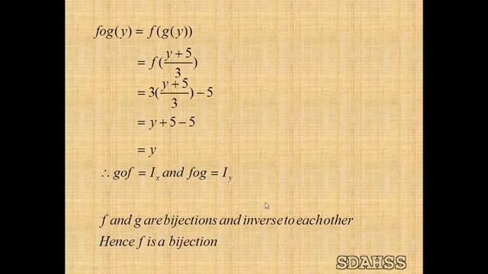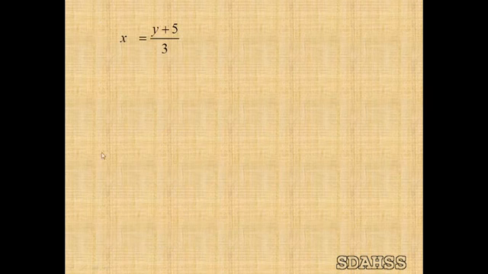Now we want to find the inverse. We know that x is equal to (y plus 5) by 3. Similarly, we know that y is equal to f of x. So x is equal to f inverse of y. You bring this f to the other side, it becomes inverse.